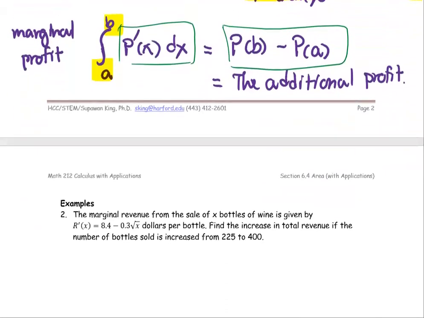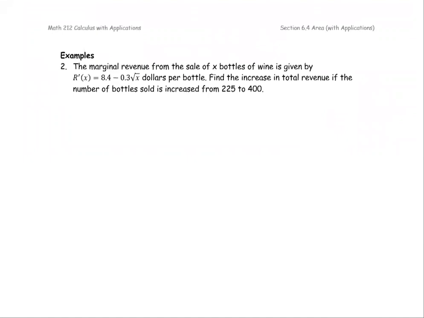Let's see examples. Example 2: the marginal revenue from the sale of x bottles of wine is given by R prime equals 8.4 minus 0.3 square root x dollars per bottle.